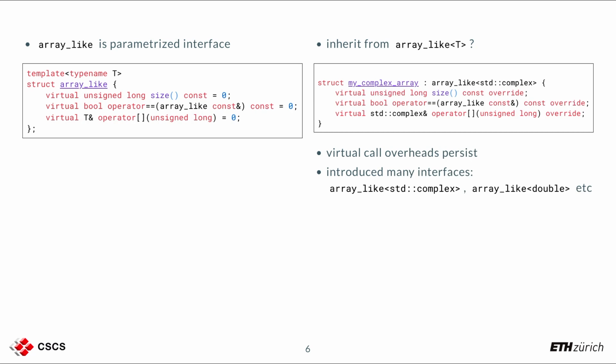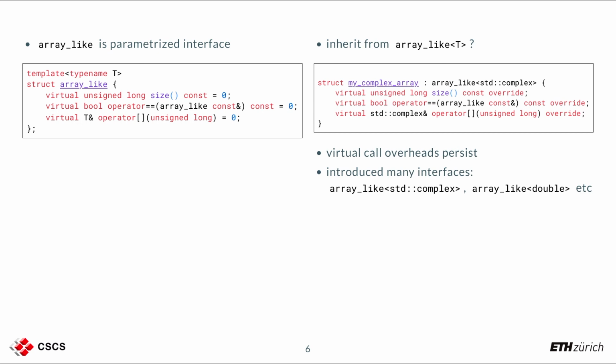And then maybe my super nice complex array would inherit from this thing, specialized on std::complex. Okay, and then I override the operator. It seems a bit strange, and the virtual call overhead still persists, and we actually don't have one interface. We now have an interface for std::complex, and double, and so on.